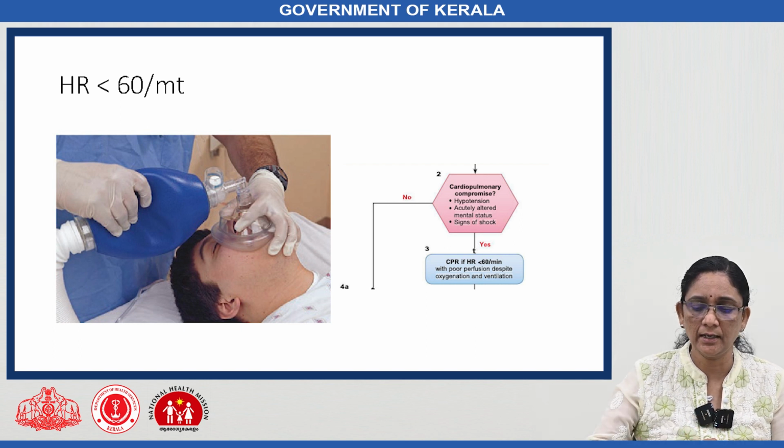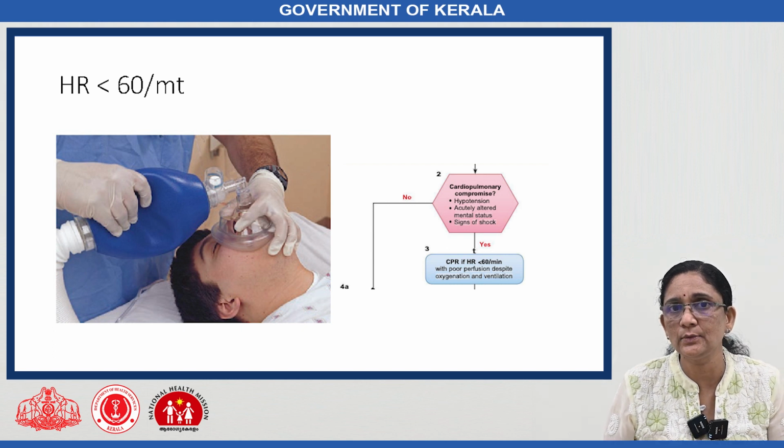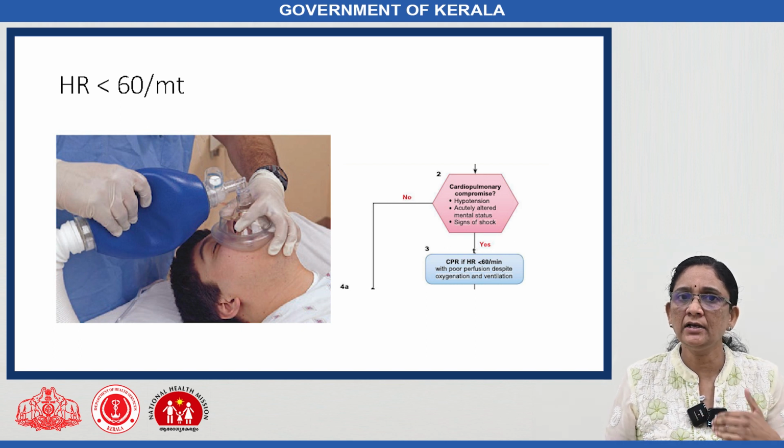And when you're giving an AMBU here, you have to give one breath every 2 to 3 seconds, that is 20 to 30 per minute. And even after adequate ventilation and oxygenation, if the heart rate does not pick up above 60 per minute, then you start your cardiac compressions also. And if the bradycardia is persisting, definitely drugs may be given.